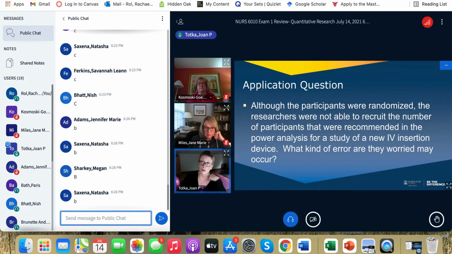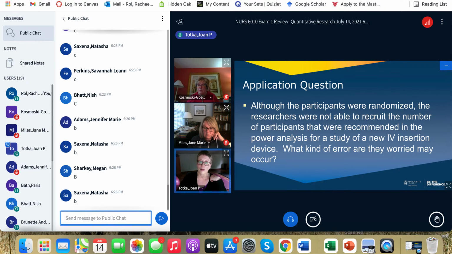So although participants were randomized, the researchers were not able to recruit the number of participants that were recommended. And this actually happens more than you think, even if you have the money and people to do the study. They didn't have enough for the power that was recommended in this insertion device study.